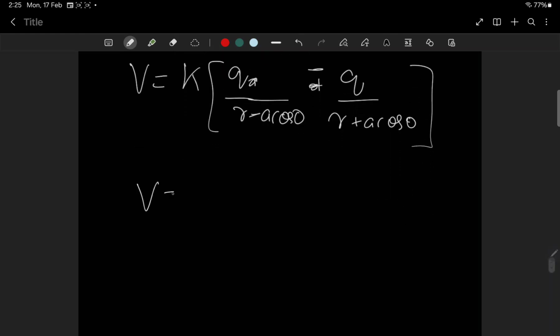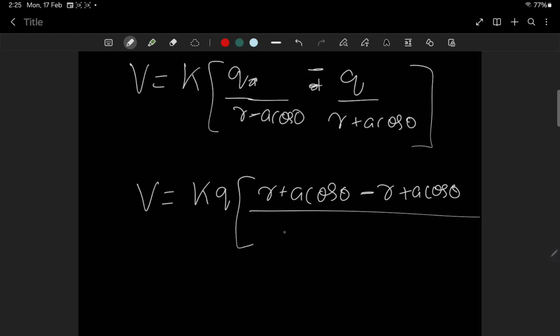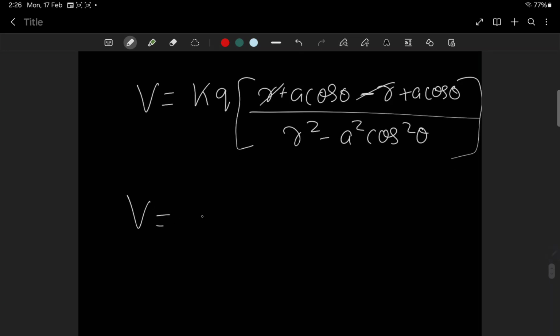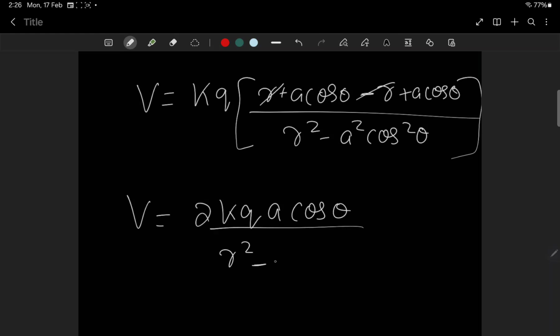Taking Q outside, K Q into R plus A cos theta minus R plus A cos theta, by R square minus A square cos square theta. So R is going to be cancelled. Therefore, V is equal to 2KQA cos theta by R square minus A square cos square theta.